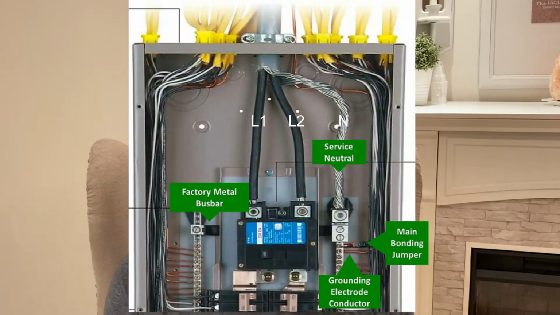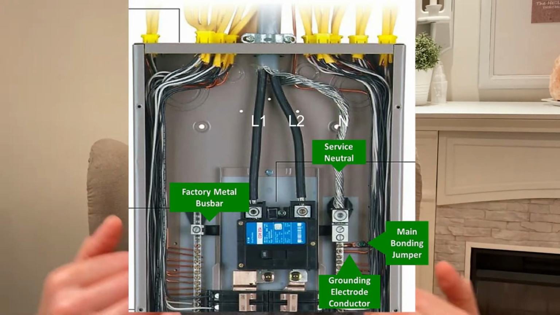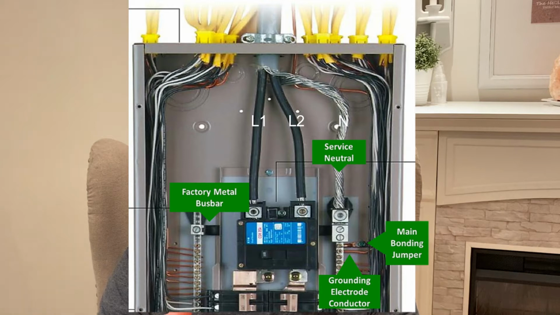To get a better idea of what's going on here, we have to consider that the main electrical panel in your house has really only 3 wires coming into the top of it, as you can see here. I've labeled them L1, L2, and a neutral conductor. L1 and L2 are considered the live conductors, and they come into the main service breaker at the top of your panel.